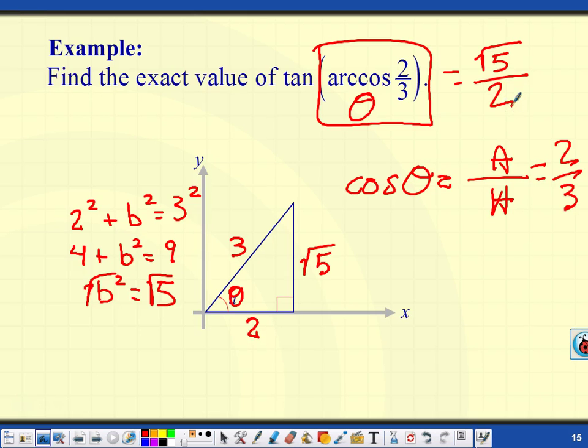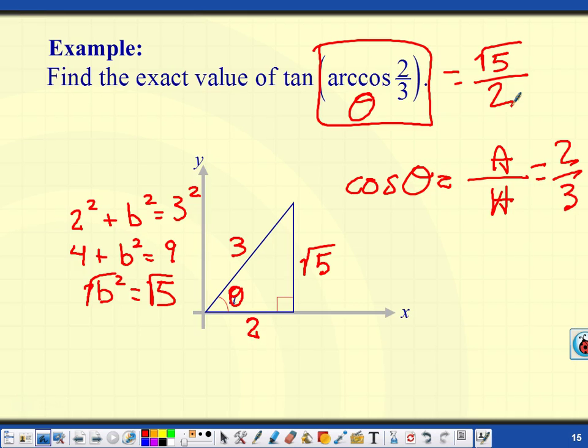I was asked the question, what would we do if we got a negative value? They have to tell me a little more, because cosine could be negative in this quadrant or this quadrant. I would have to know something else to determine which.